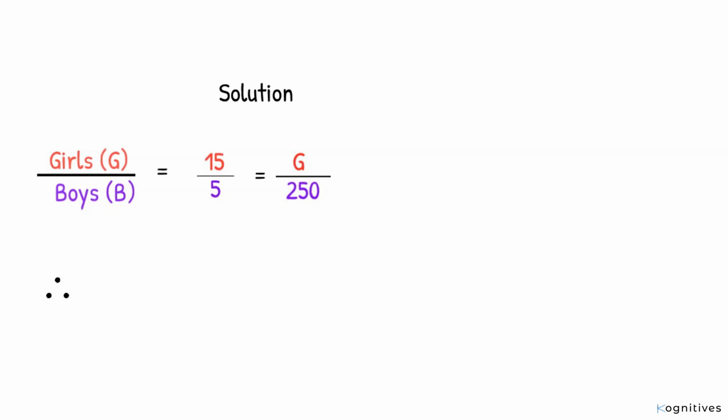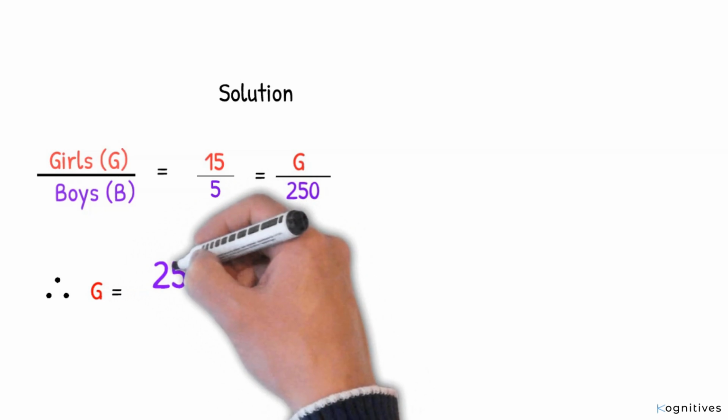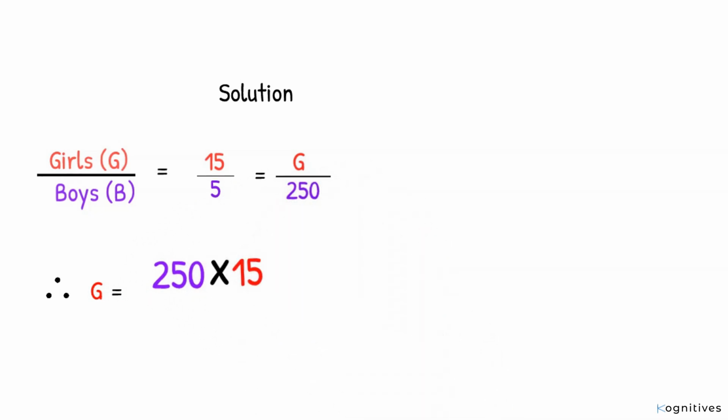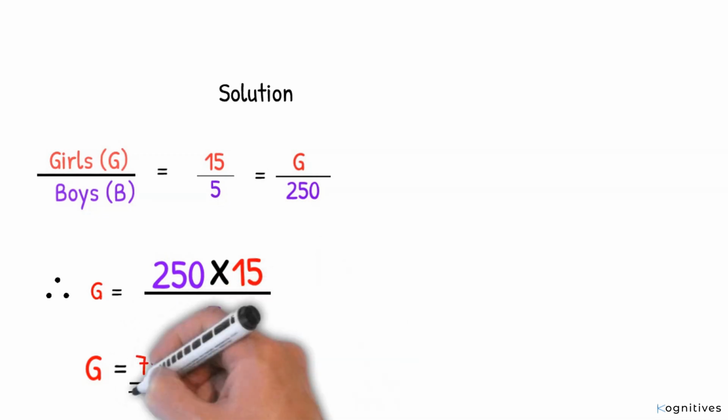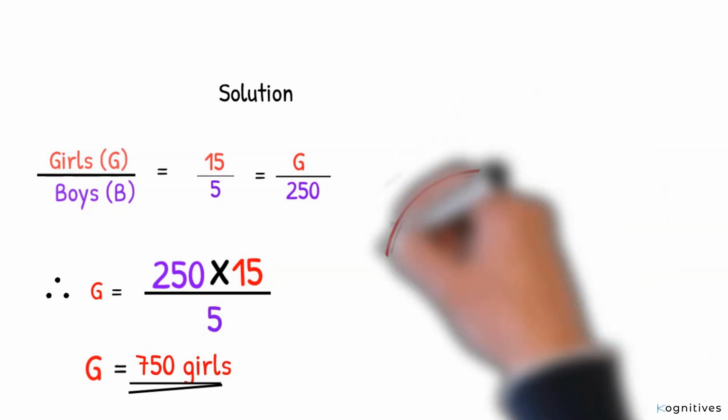By cross multiplication, I'm going to get G is equal to 250 times 15 all over 5. When I work this out, I'm going to end up getting G, which is girls, equal to 750 girls. So that means that to every 250 boys in the house, there are 750 girls.